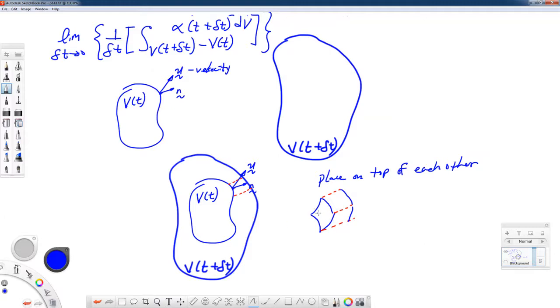Now this surface that we have here, I'm going to call that delta S. And this distance is being driven by that velocity u. It's the amount of velocity in the direction of the unit normal n, over a little bit of time, delta t.